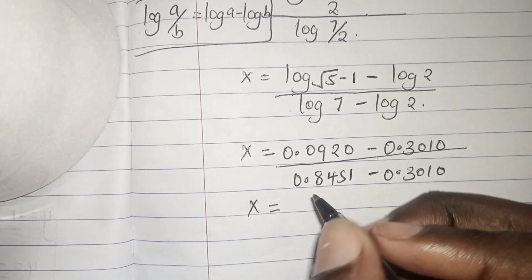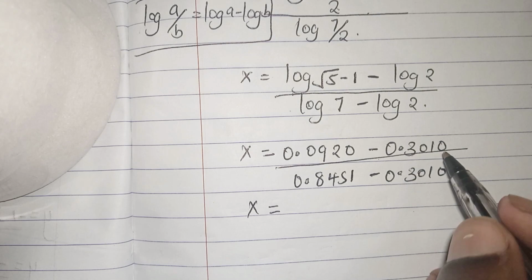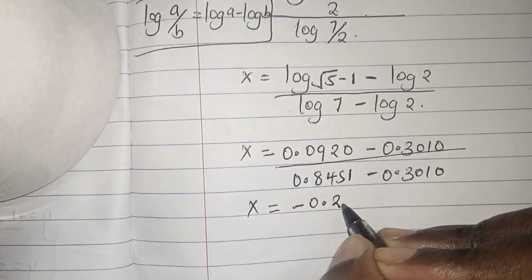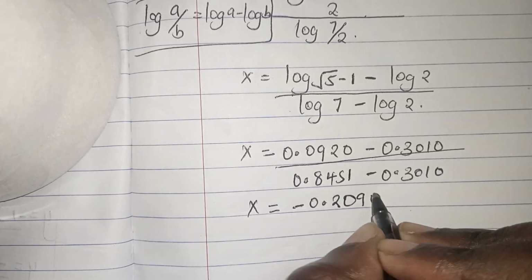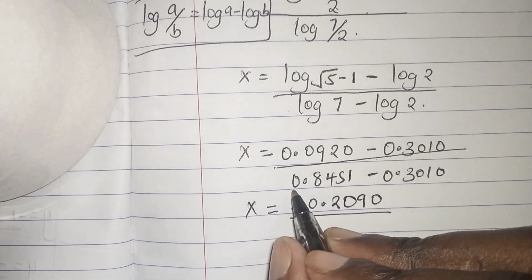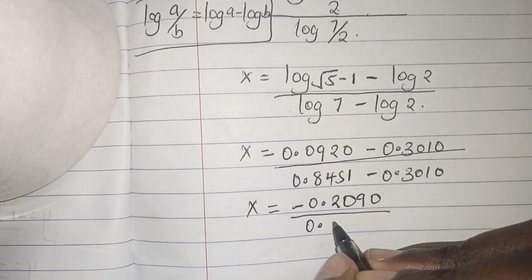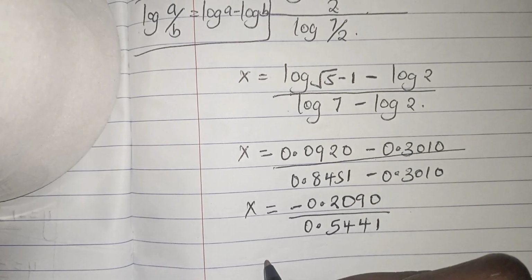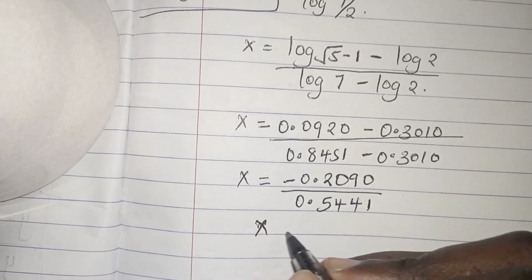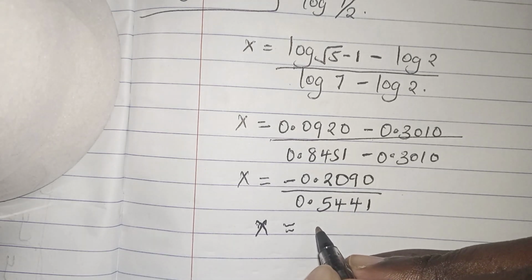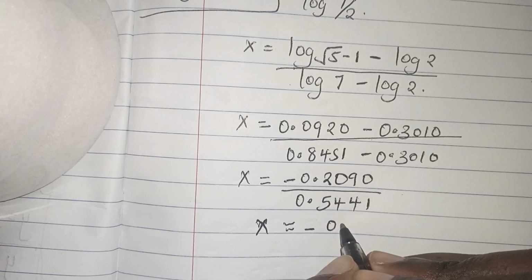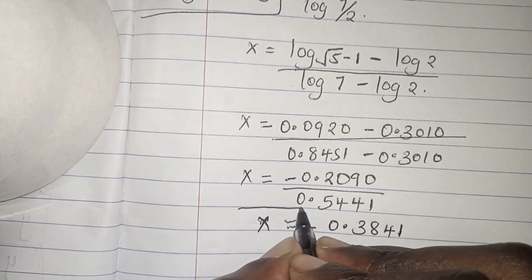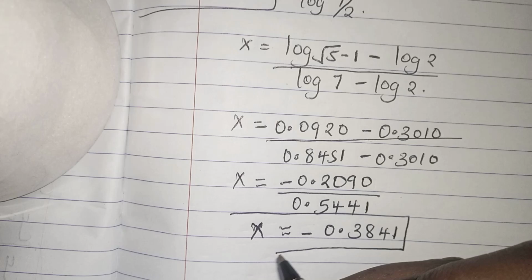So x is equal to, so if we solve our numerator, x is equal to negative 0.2090 over our denominator 0.5441. So x is approximately negative 0.3841, and this is the final value of x.